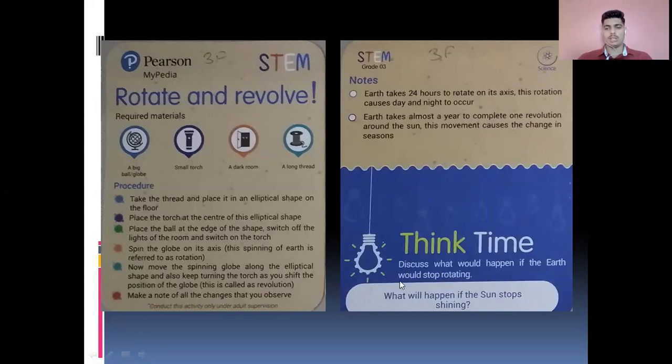Now, this is a critical case. This will not happen, but just imagine what would happen if Earth stopped rotating. So, let us see. Now, imagine this is the Sun, and now this is Earth. So the Earth stops rotating. Now rotation means along its axis.